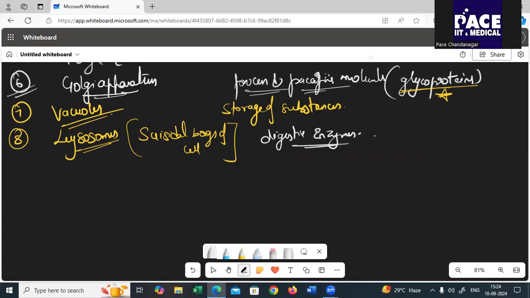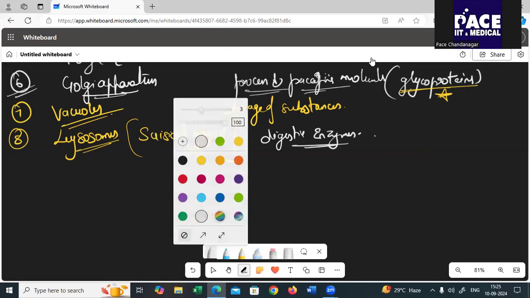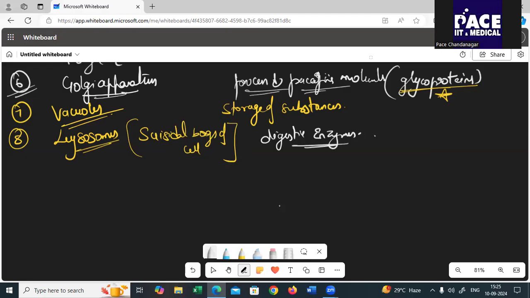Everything is being digested, and that is what is called suicide. Everything is vanished now. You don't have anything. So lysosomes are the suicidal bags of the cell, which have digestive enzymes in them, and they are definitely responsible for intracellular digestion.